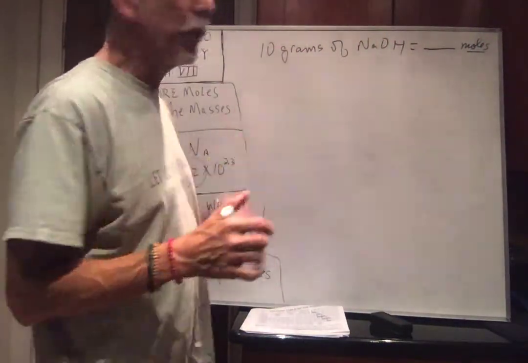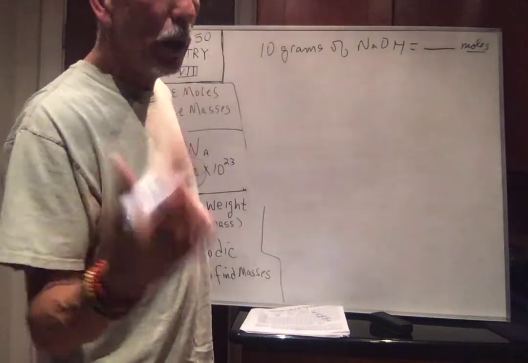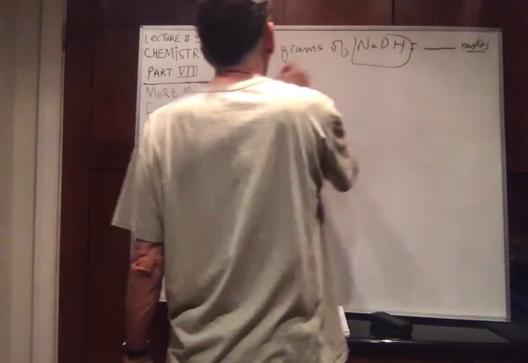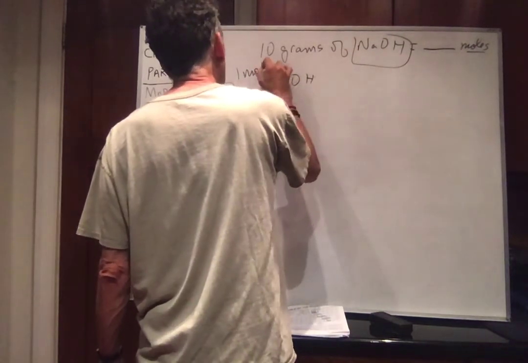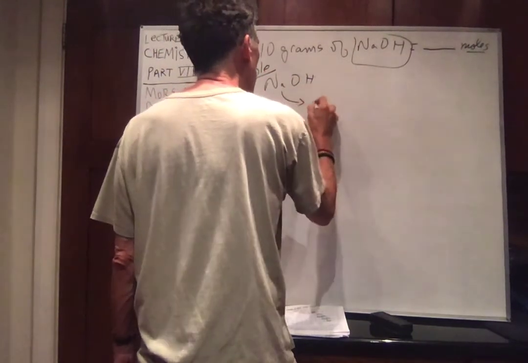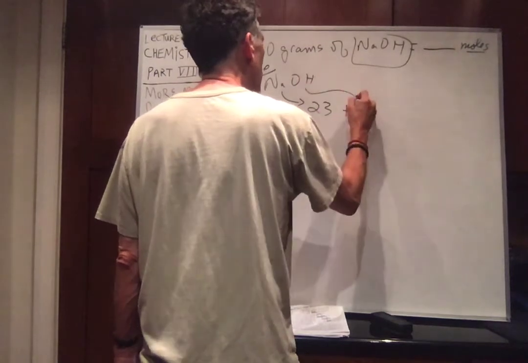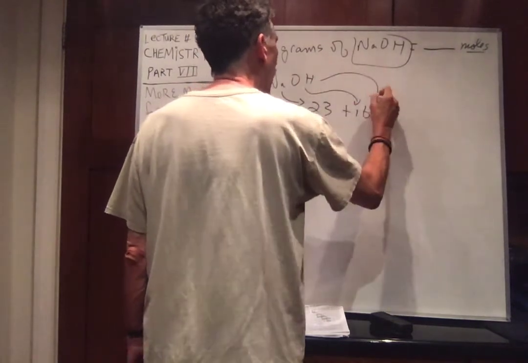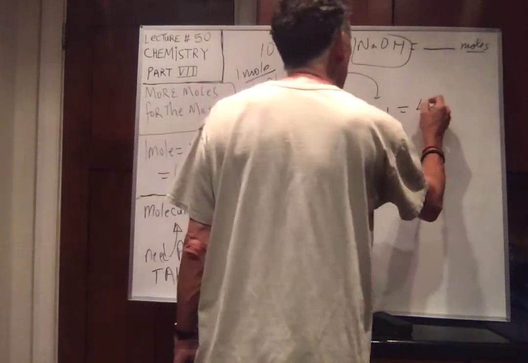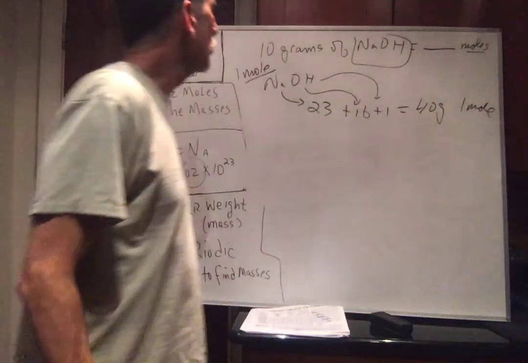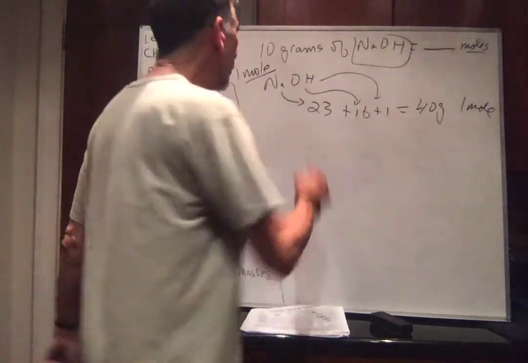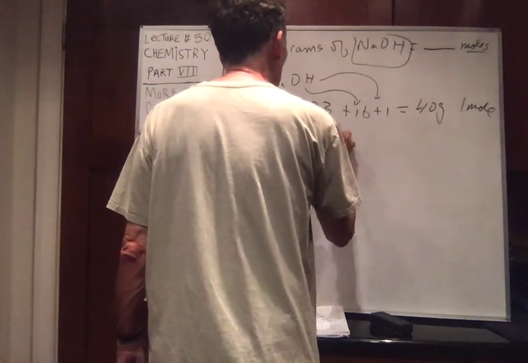You've got to get, so first, again, we need the mass of 1 mole. So 1 mole of NaOH. Well, Na is 23, oxygen is 16, hydrogen is 1, so 40 grams in 1 mole. So there's 40 grams per mole.